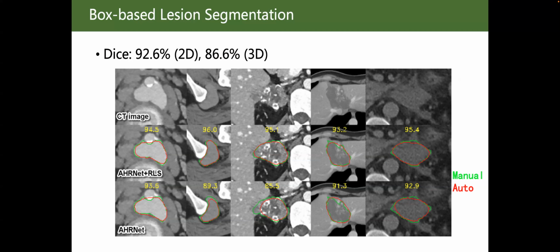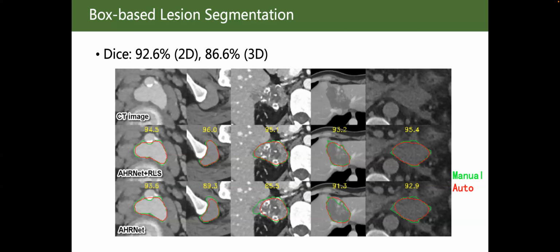The first row is the input CT image, and the second row is the result produced by the proposed model trained using the proposed regional level set loss. And the third row is the result produced by the proposed model without using the regional level set loss.